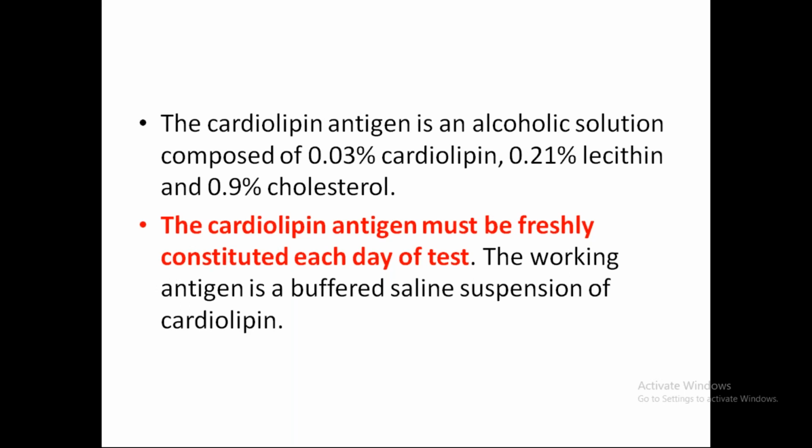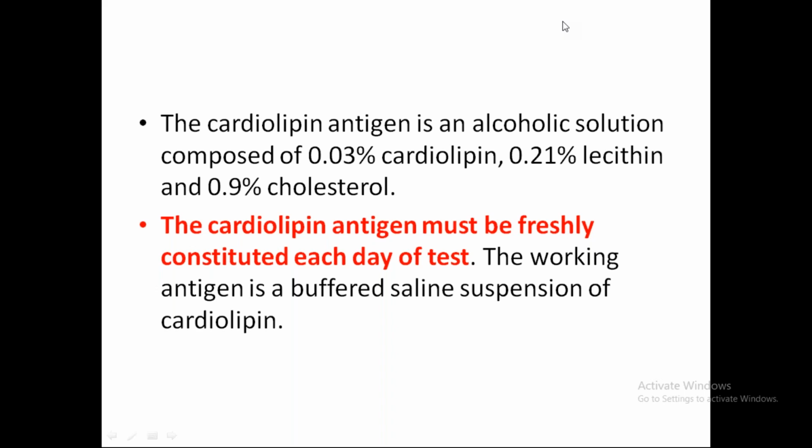The cardiolipin antigen is an alcoholic solution composed of 0.03% cardiolipin, 0.21% lecithin, and 0.9% cholesterol. So this is the composition of cardiolipin antigen. The most important point to note is the cardiolipin antigen must be freshly constituted each day of the test.